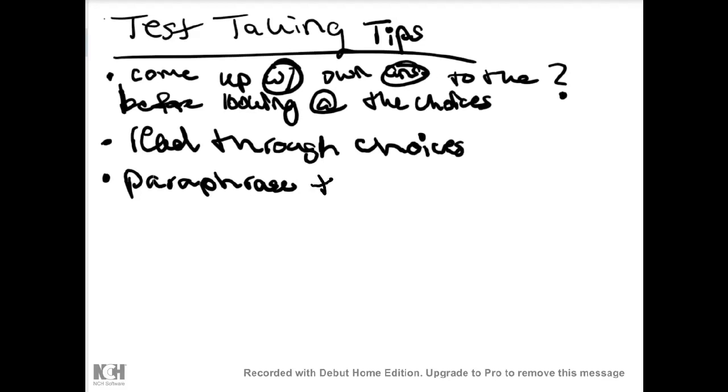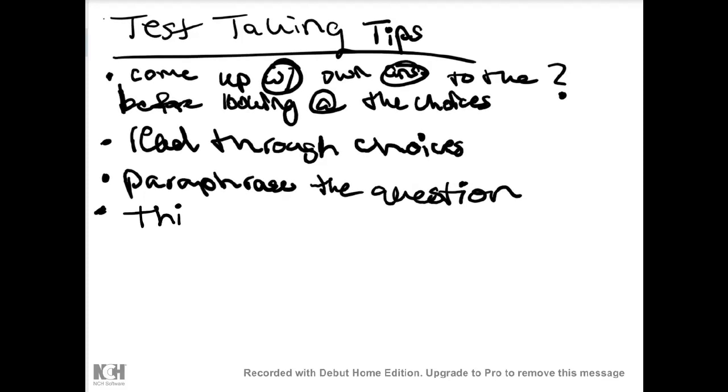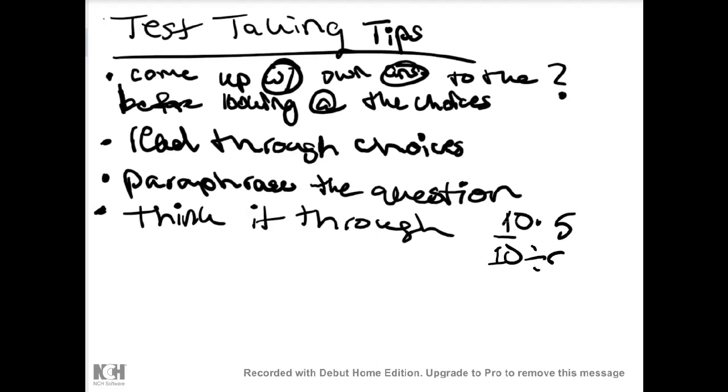So my next tip is paraphrase the question, so that you know what they're asking you and you can really comprehend it and answer it in your own words. Then you really want to think it through, because if you make some shotgun decision, like if you have just been doing a bunch of multiplication problems and suddenly there's a division problem, like if you've been multiplying 10 times 5 all test, and suddenly it asks you what 10 divided by 5 is, you might miss that difference.